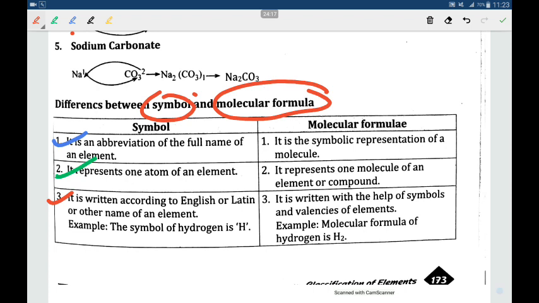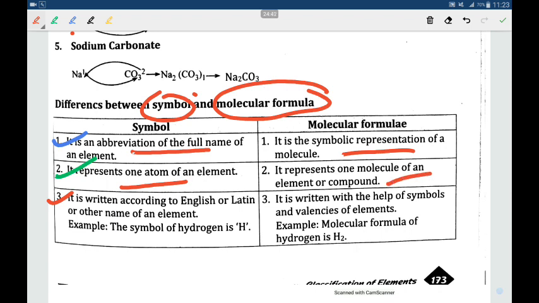Symbol is the abbreviation of full name of an element, short form of an element. Molecular formula is the one molecule represented by formula. Symbol represents one atom of element.